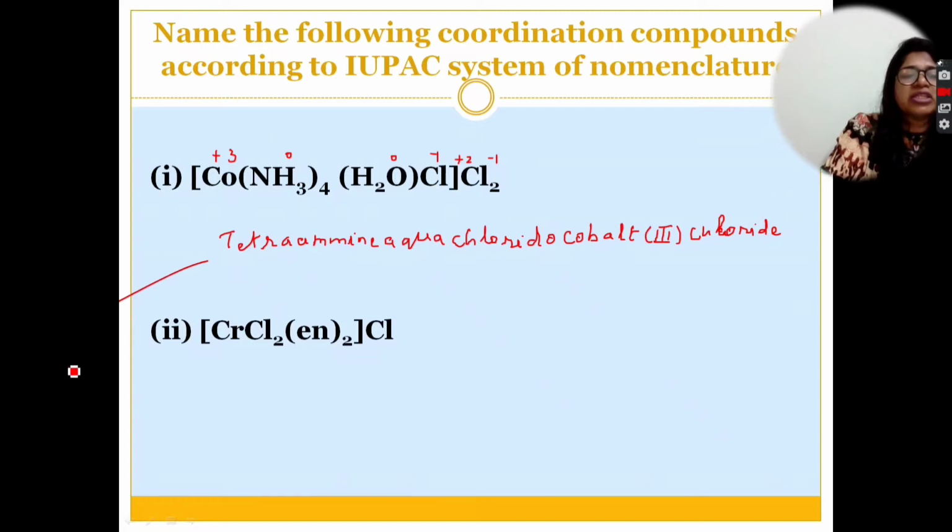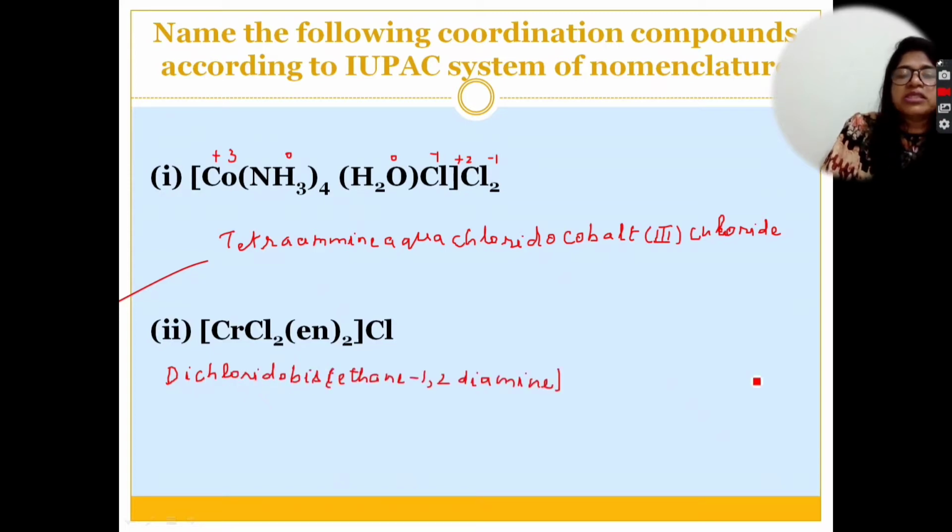Here also the coordination entity is positive. We start with the ligands first. Dichlorido, bis(ethane-1,2-diamine), positive coordination entity. So chromium. What is the charge of chromium? Let us see here.